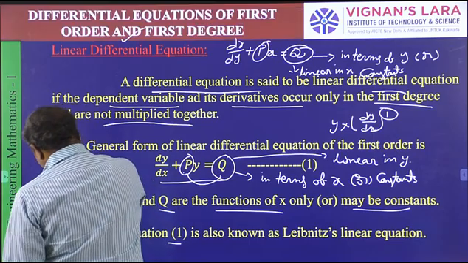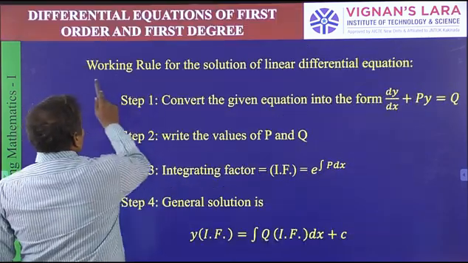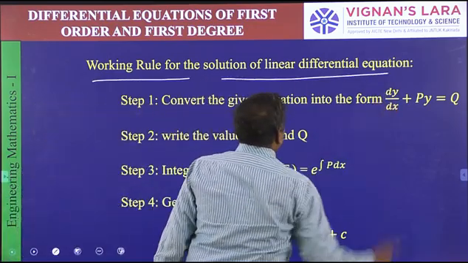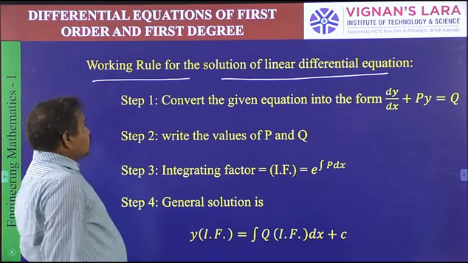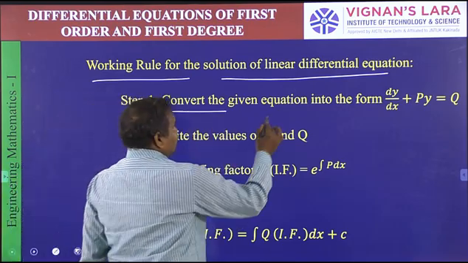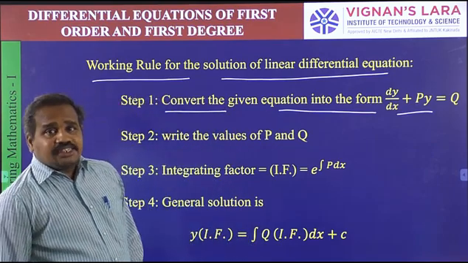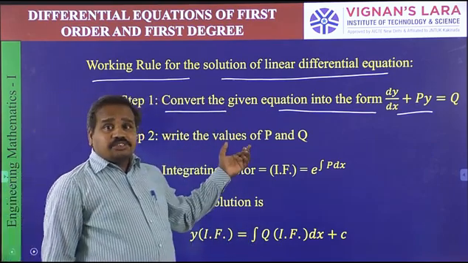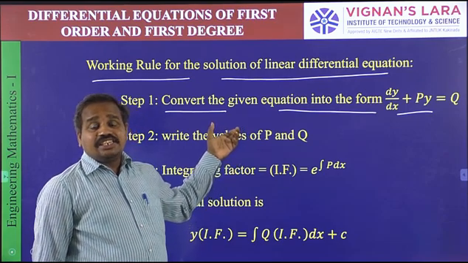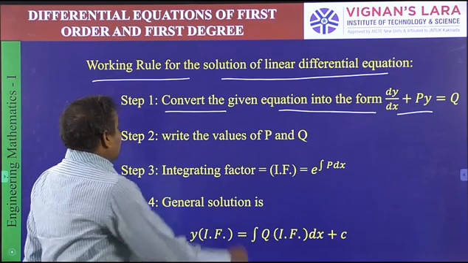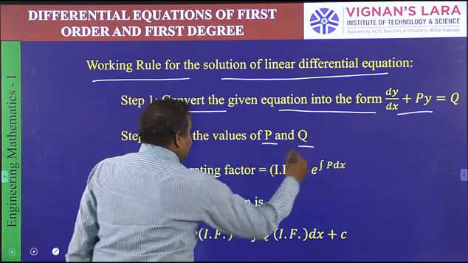Now next one: the working rule for the solution of the linear differential equation which is linear in y. First, convert the given equation into the form dy by dx plus py is equal to q. After that write the values of p and q.